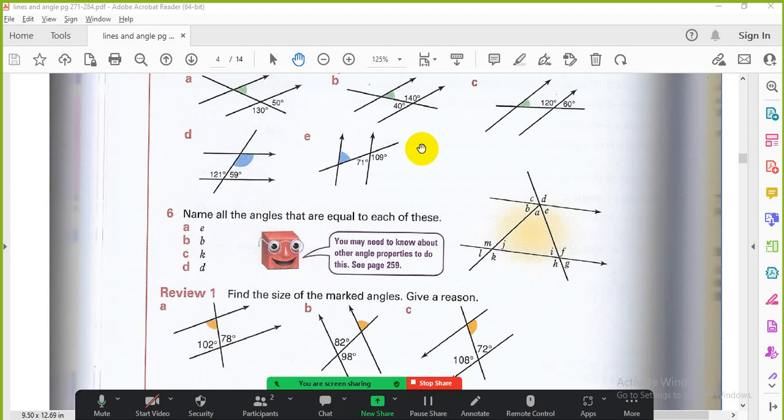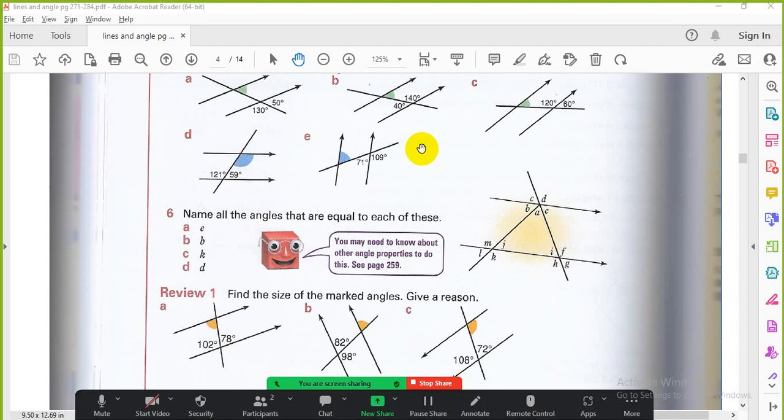Letter K we can take M, what else? Can we take G?